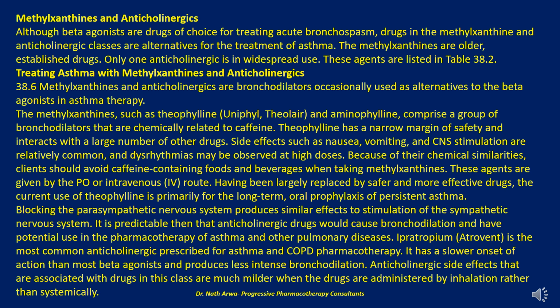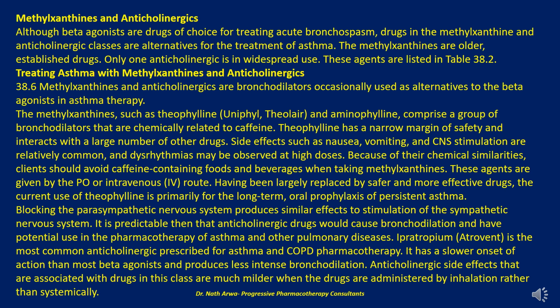Treating asthma with methylxanthines and anticholinergics. Methylxanthines and anticholinergics are bronchodilators occasionally used as alternatives to the beta agonists in asthma therapy. The methylxanthines, such as theophylline, marketed as Uniphyl or Theolair, and aminophylline, comprise a group of bronchodilators that are chemically related to caffeine.